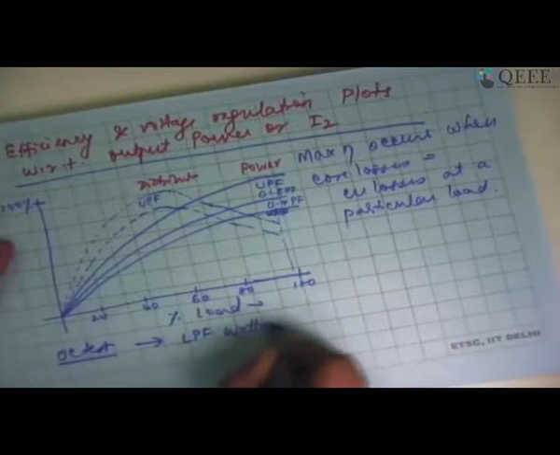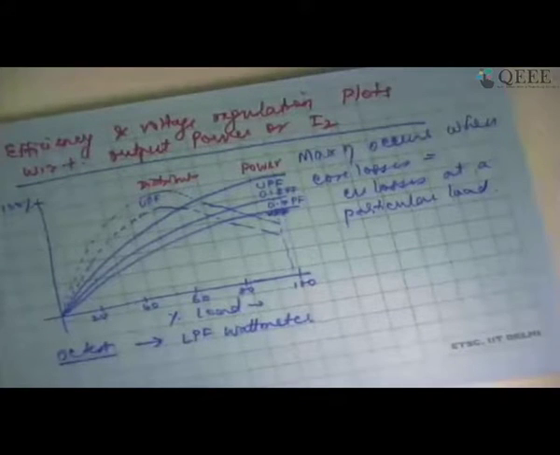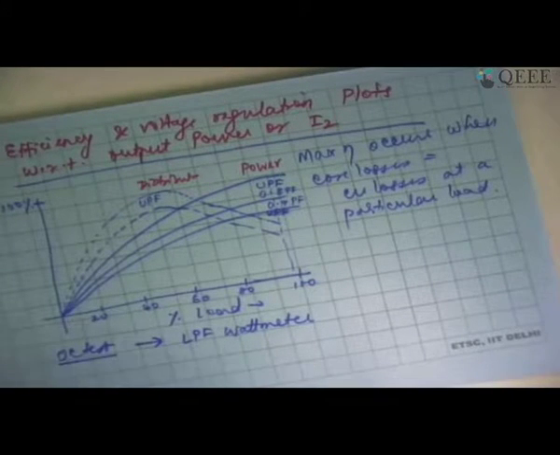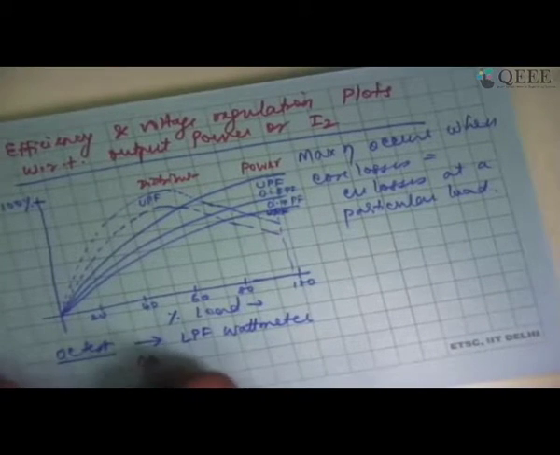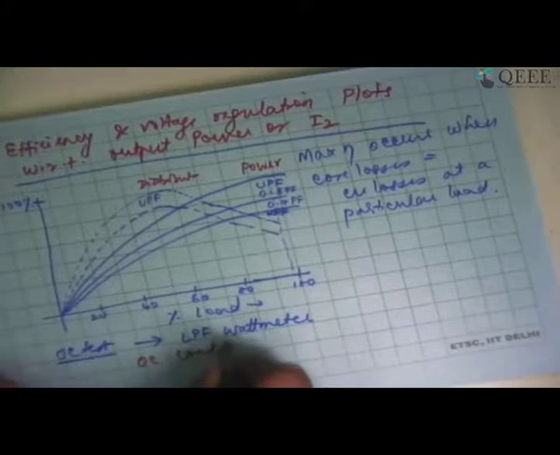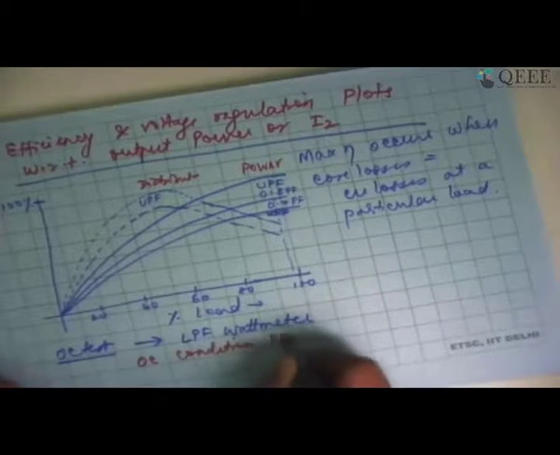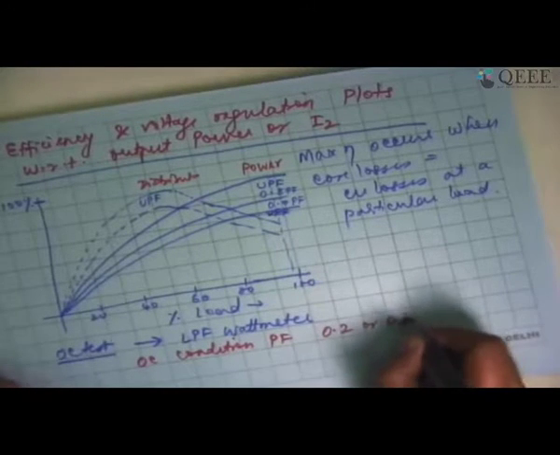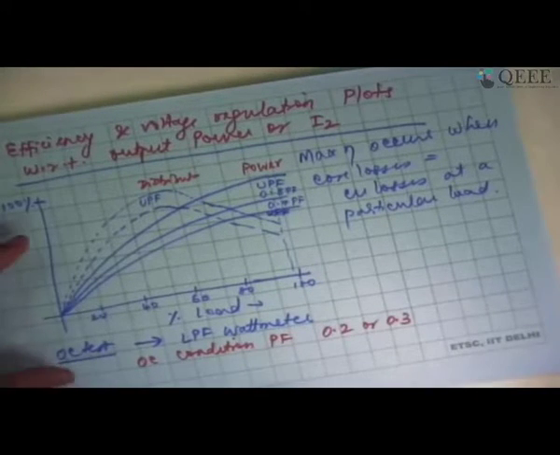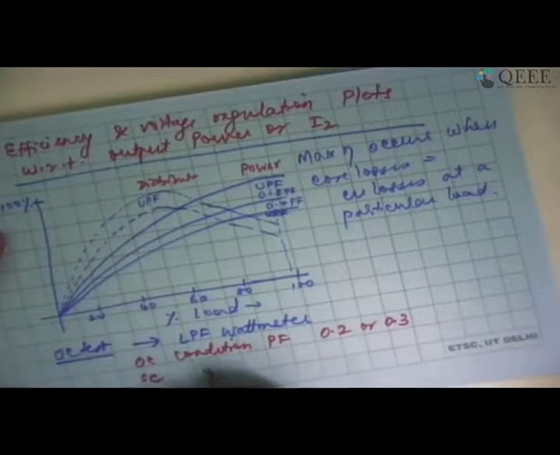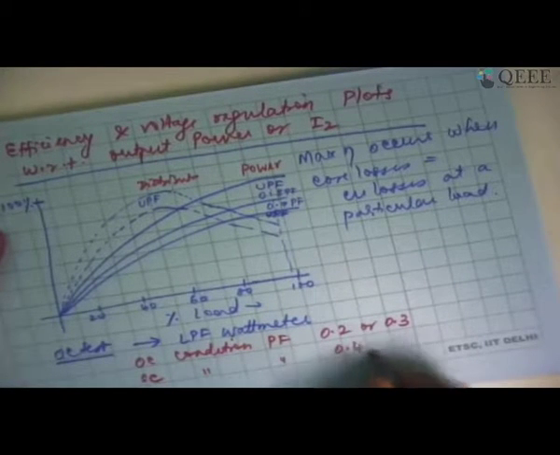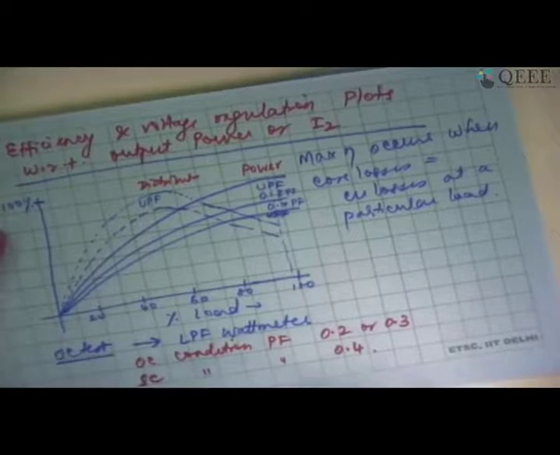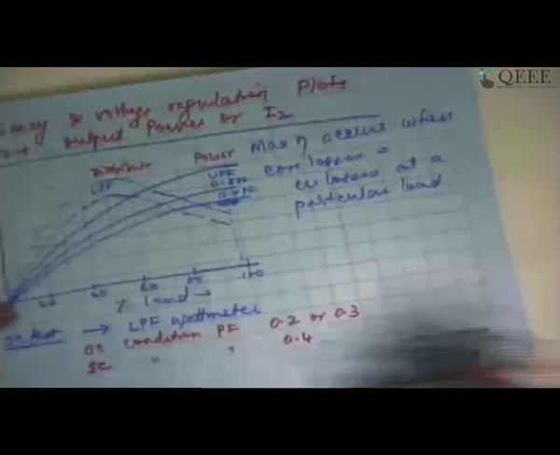It has nothing to do with the low power factor of the circuit. The circuit will also have a very low power factor. Under open circuit condition, the power factor will be as low as 0.2 or 0.3 or even less generally. Short circuit condition power factor may be about 0.4 or something like that. Still, it is not a very good power factor.